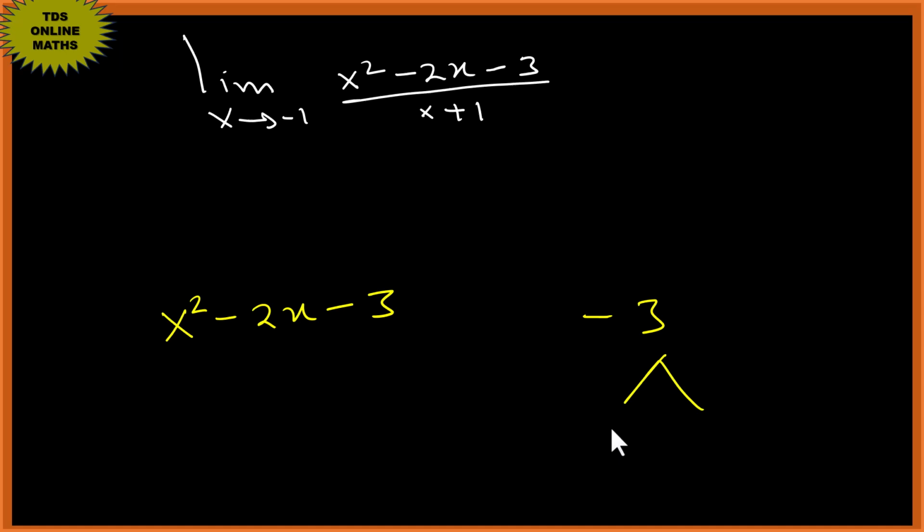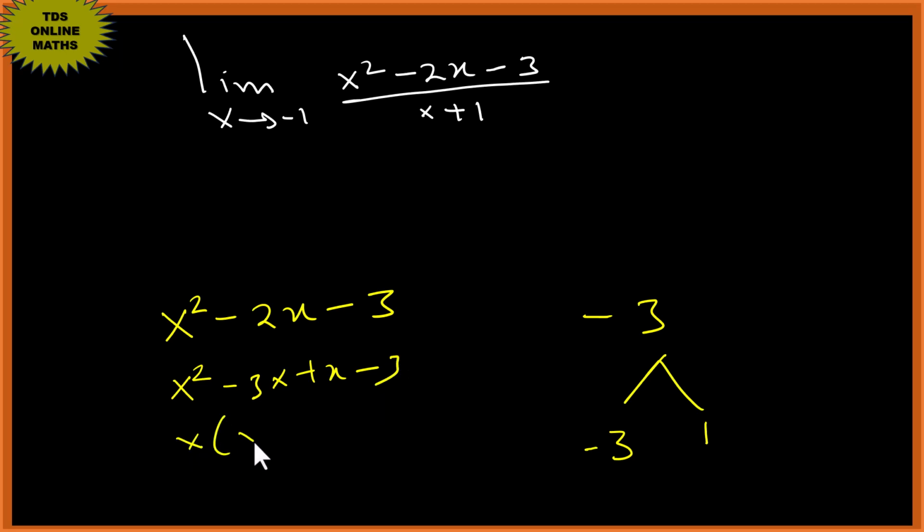We know 3 times 1 is 3, but this side is minus 3. So minus 3 times 1 is minus 3, and minus 3 plus 1 is minus 2. So we are free to go: x squared minus 3x plus x minus 3.